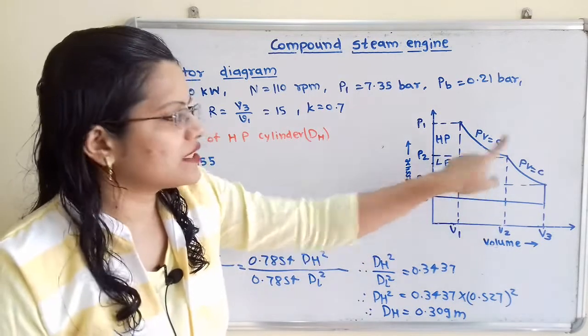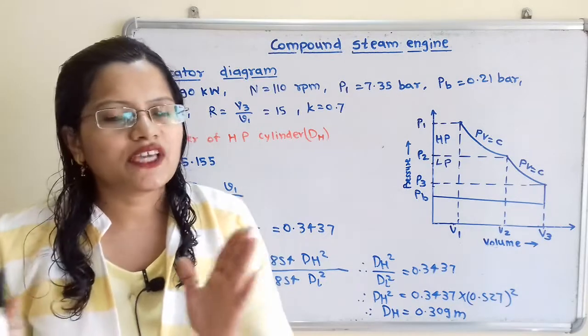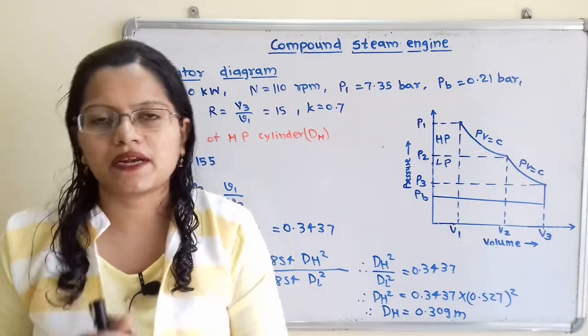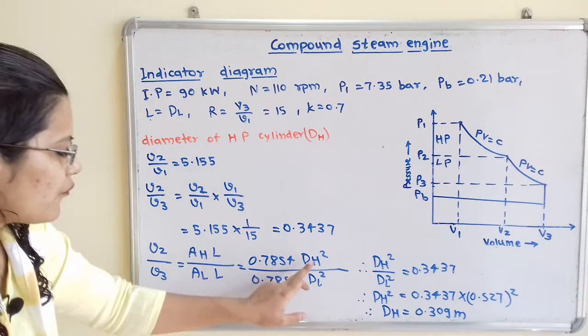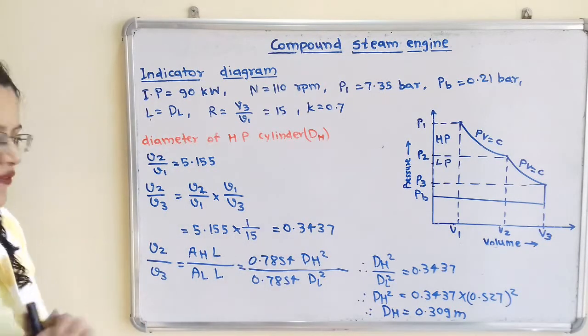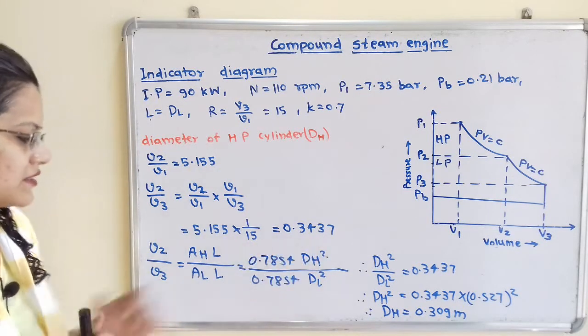Now what is the meaning of V2? V2, that is the volume of the high pressure cylinder, area of high pressure cylinder multiplied by the stroke length. So how we can calculate this area? We know that pi by 4 dH square. So for high pressure we will use here the suffix h, that is 0.7854 multiplied by dH square.